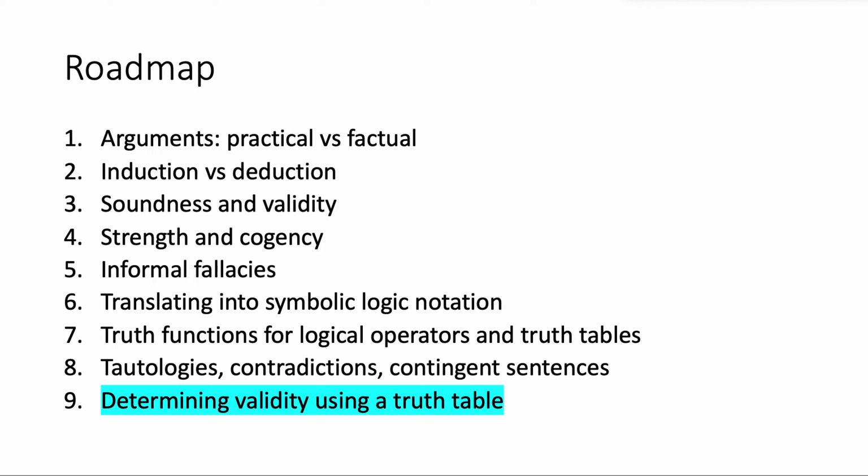All right. Final section, we're going to show how we can use truth tables to determine whether an argument is valid. And this is the most awesome thing about truth tables, the coolest and most useful thing we can do with them.